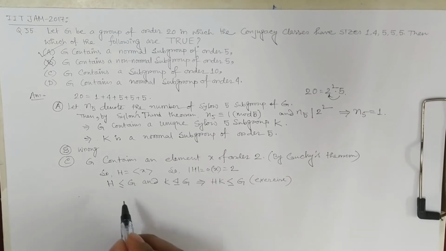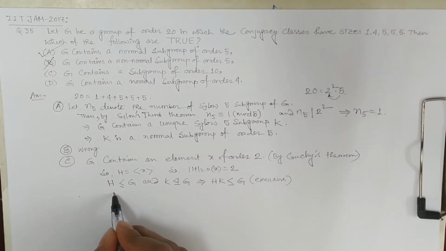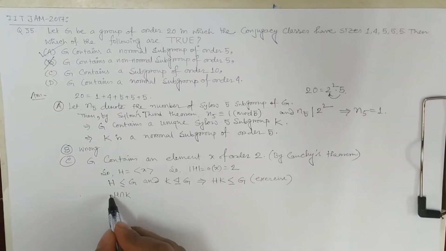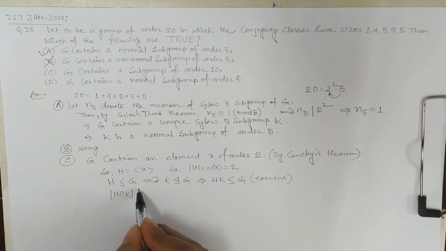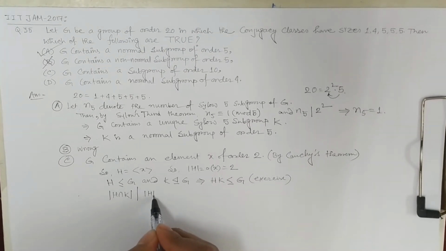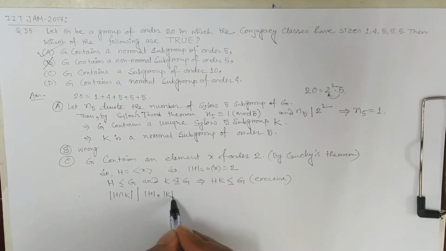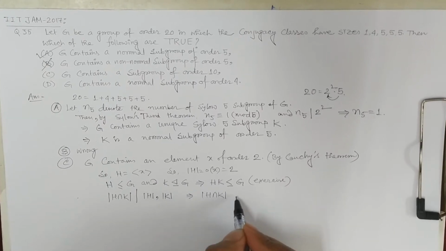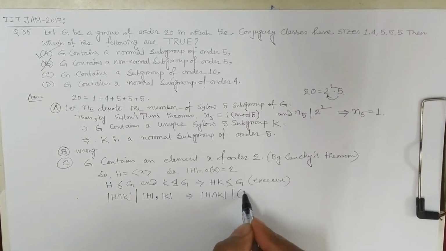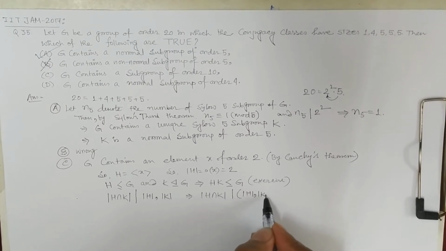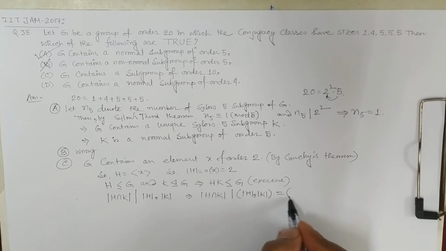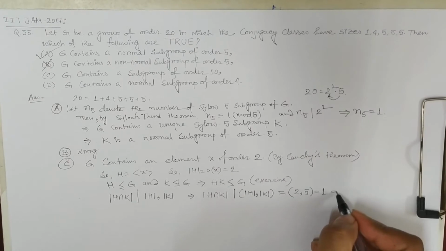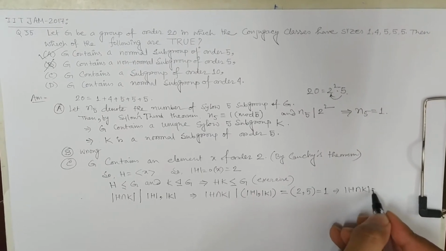So we have HK is a subgroup of G. Moreover, H and K are both subgroups, so H intersection K is also a subgroup, and the cardinality of H intersection K divides the cardinality of H and the cardinality of K, which implies it divides the GCD of 2 and 5, which equals 1, so the cardinality of H intersection K equals 1.